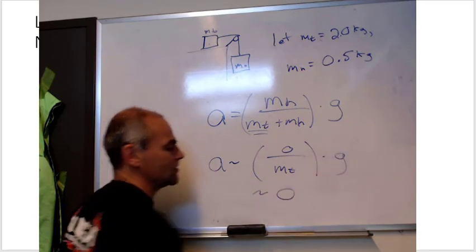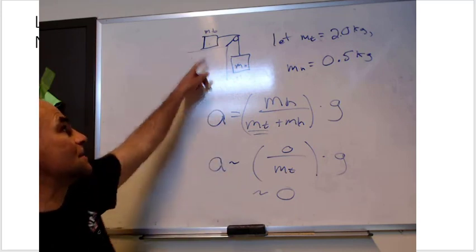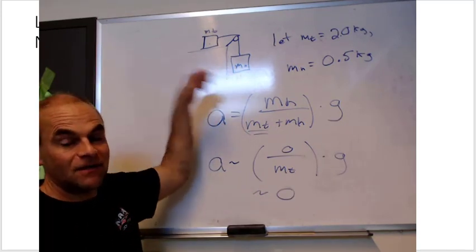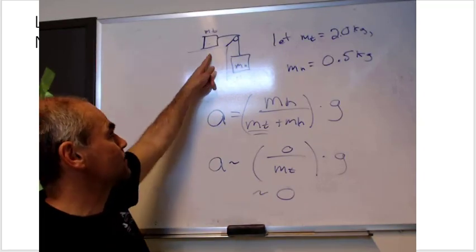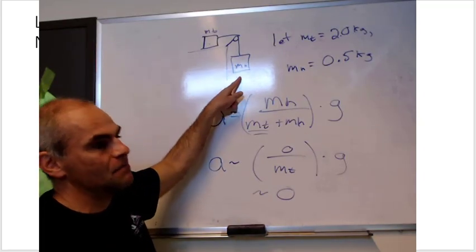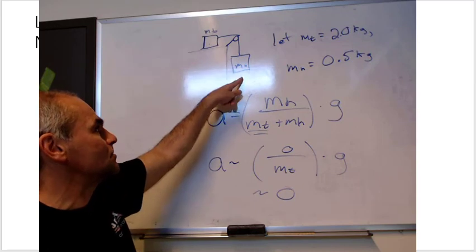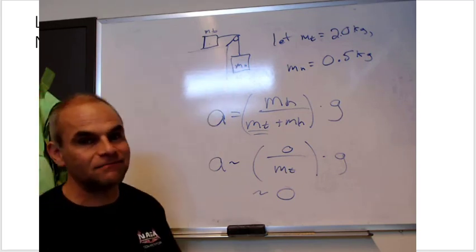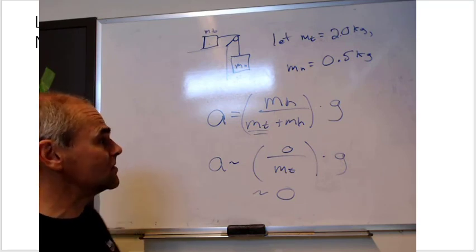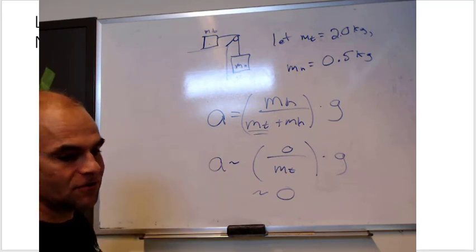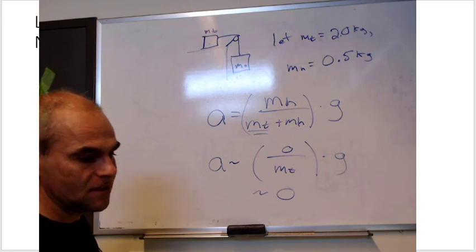In other words, it's going to be about equal to 0 when this gets much, much larger than that. You're going to have an extremely small acceleration. It's kind of like I used the example of if this were the Titanic and this were a mouse, how much would the mouse cause the Titanic to accelerate? Basically not at all. Neglecting friction even. Okay, so these are the extreme cases of what you can do with the hanging block problem.